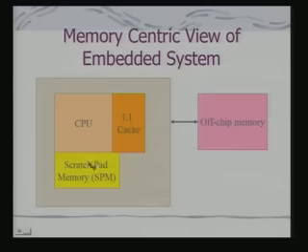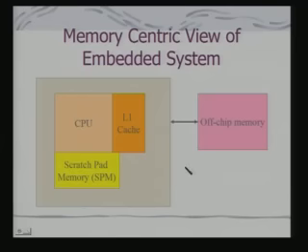There is another area of memory which is also on chip, and this is called scratch pad memory or SPM. This is also typically RAM and not DRAM. Off chip memory is the memory which is outside the chip boundary. So, these are the very basic components.